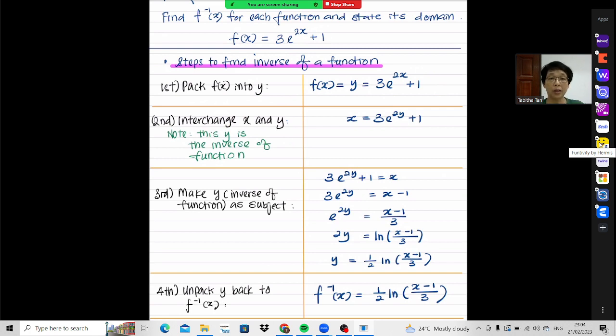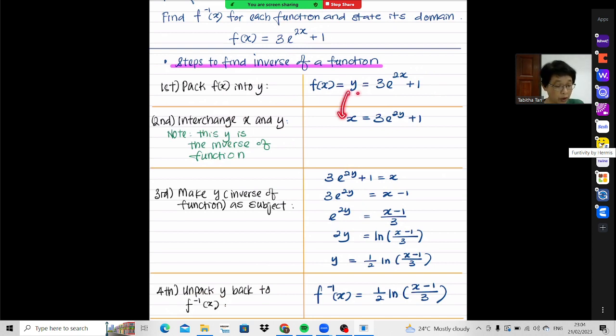So that's why the x and y are reversed. After you have interchanged the x and y, the y that you have got is actually the inverse of the function that you are looking for. And this y eventually will be the notation f with the subscript of -1, which is an inverse.